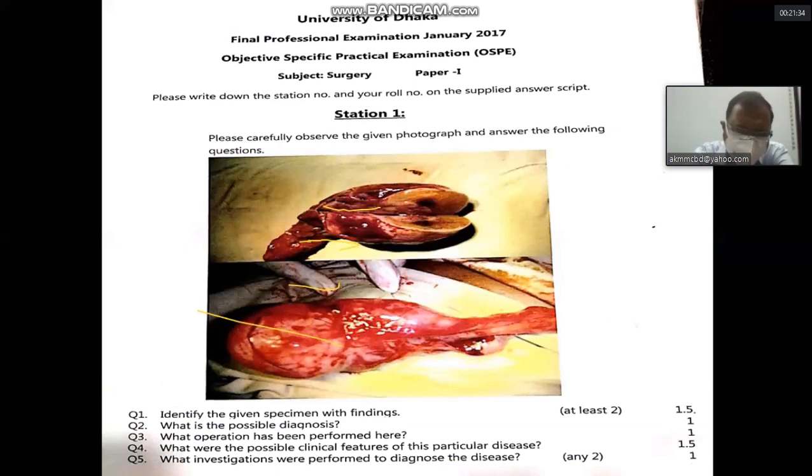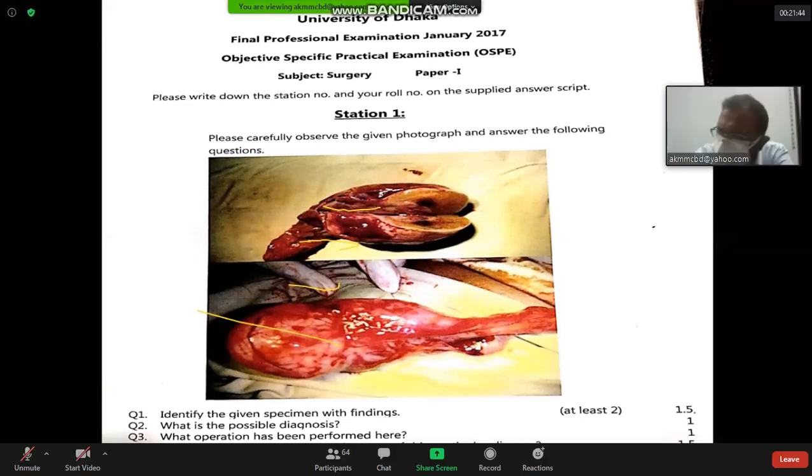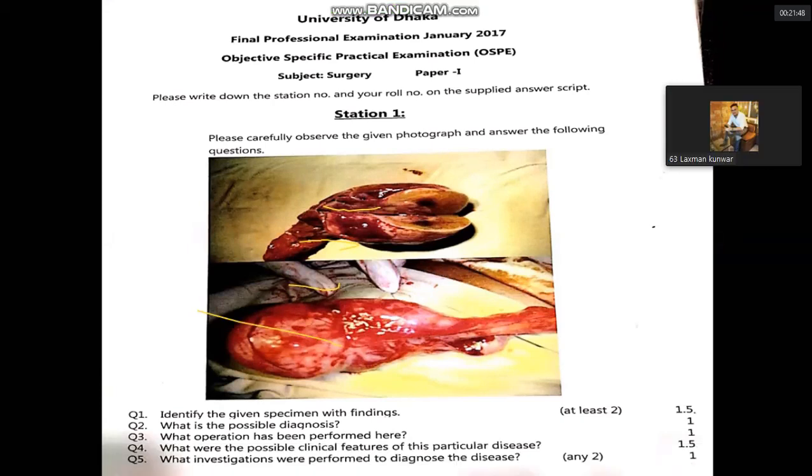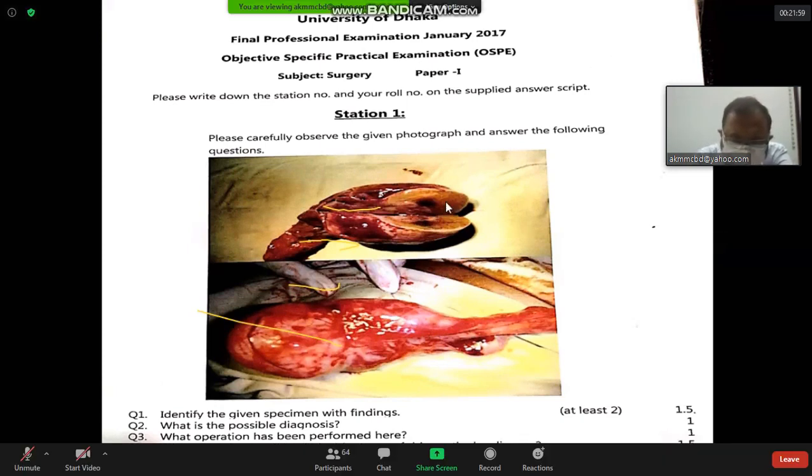Can you identify the specimen? Gallbladder. What is this one? Gallbladder. Gallbladder impacted with stone. Gallbladder packed with stone. Have you seen the cut surface? Yes, sir.